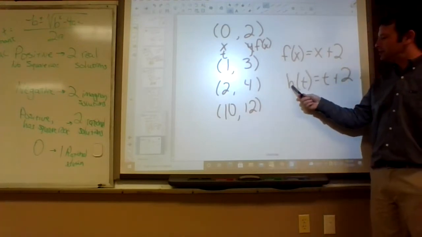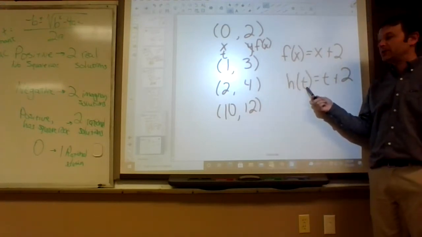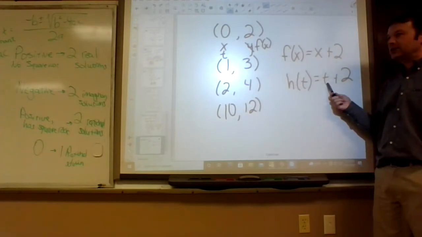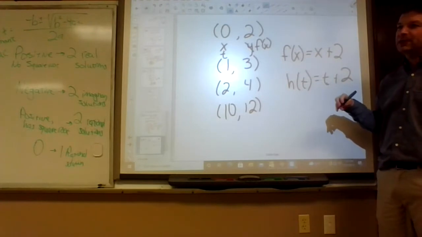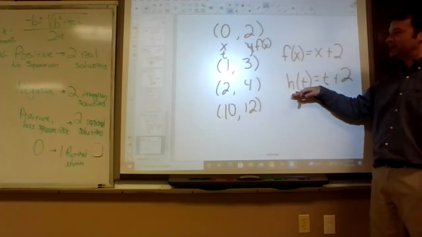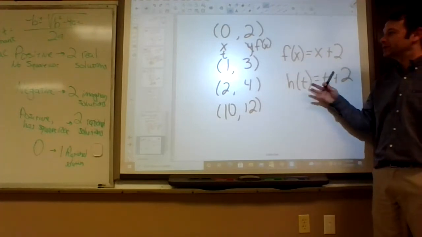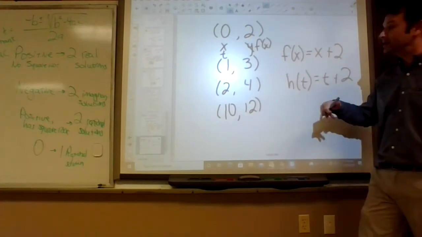The height of the tree is dependent on the time, like how many years old the tree is, and you just do the years plus 2. That's just an example. We're not really doing word problems today, but I just wanted to give you an idea of how this works. That's about as basic as you can get.